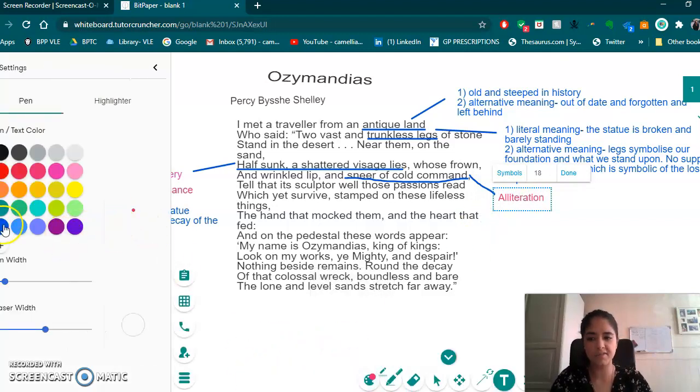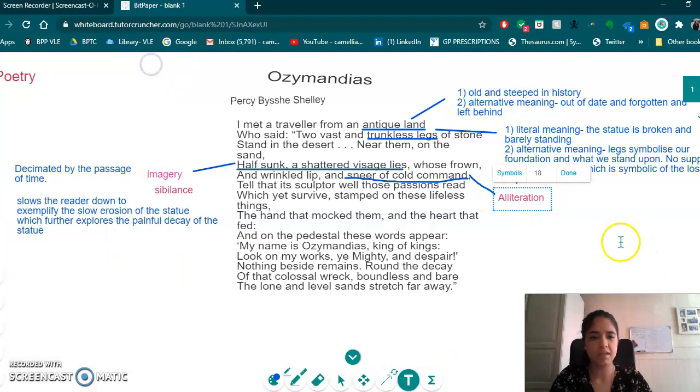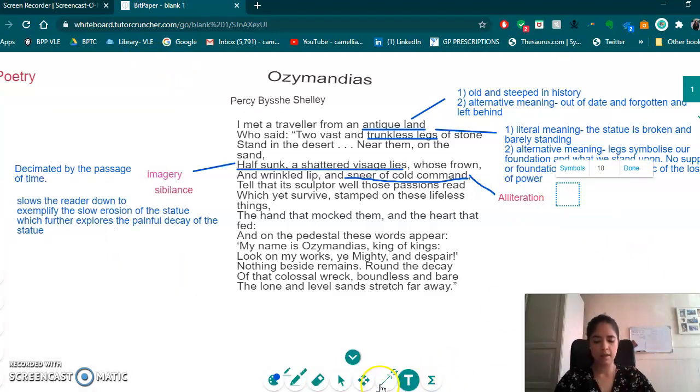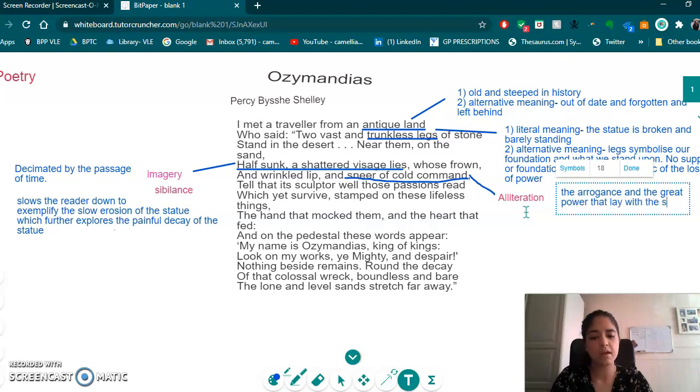Now, what that achieved, essentially, is it kind of exemplifies once again the arrogance and great power that lay with a person that is exemplified in the statue.